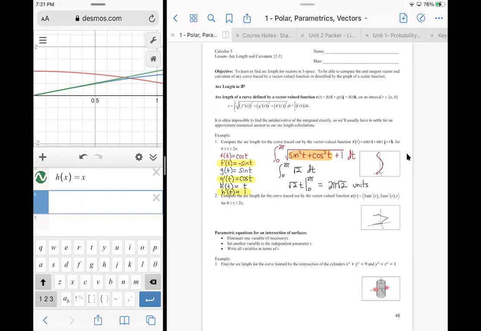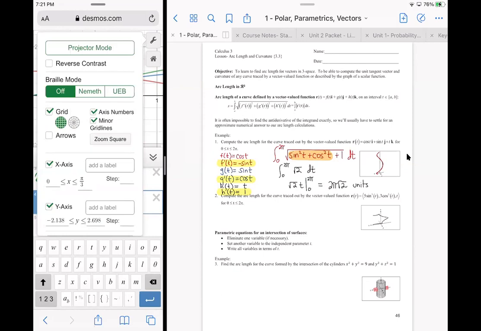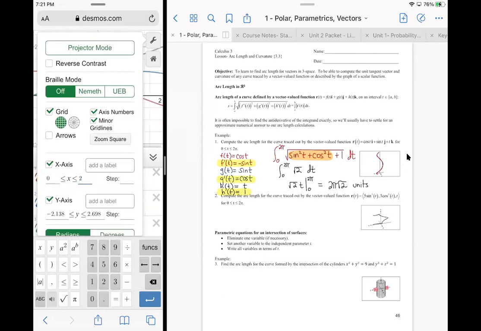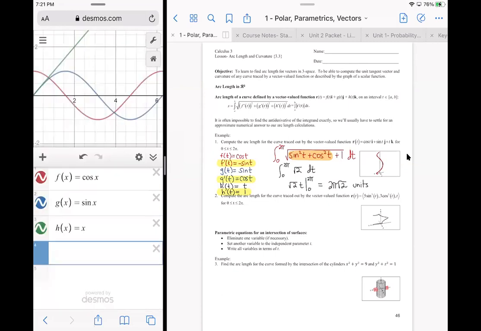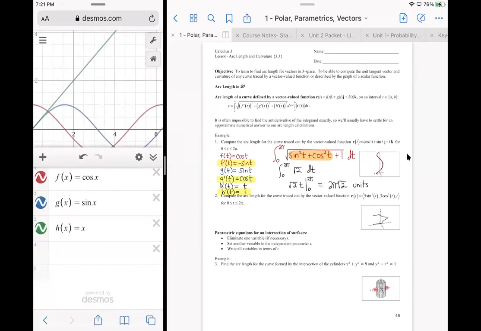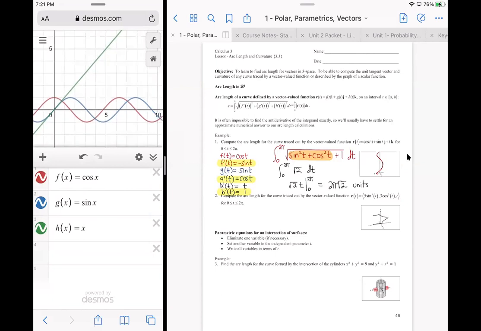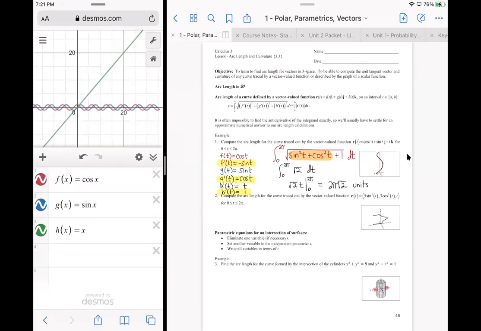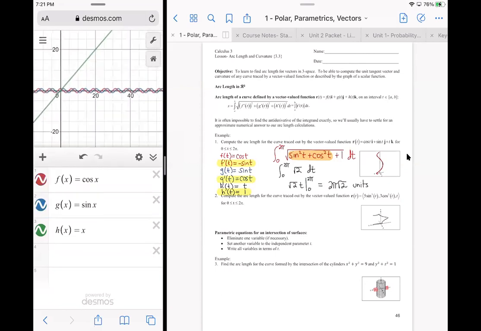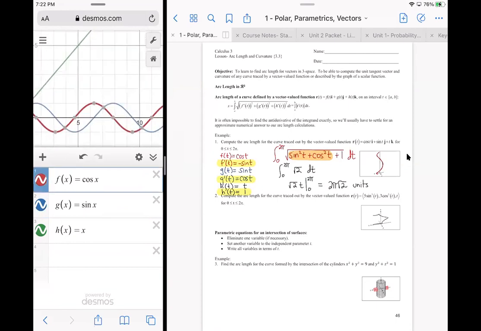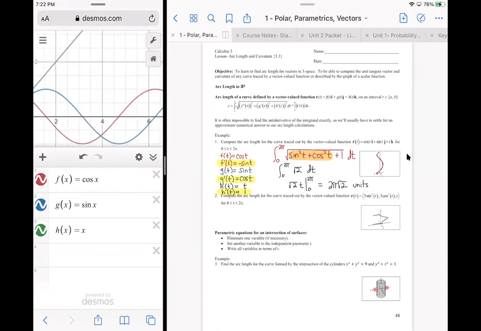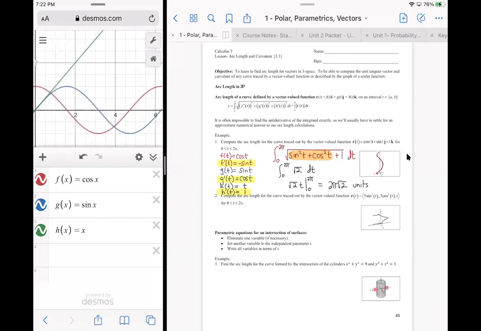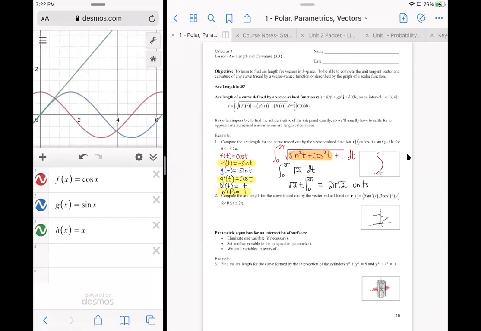I just like to make sure that I'm working on a reasonable interval, so I'm going to change my window to go from 0 to 2 pi and make sure there's no funny business going on. It looks like everything's good to go. I don't see anything too crazy. We start out at 0 to 2 pi and go from there. So no funny business. It's always a good thing.